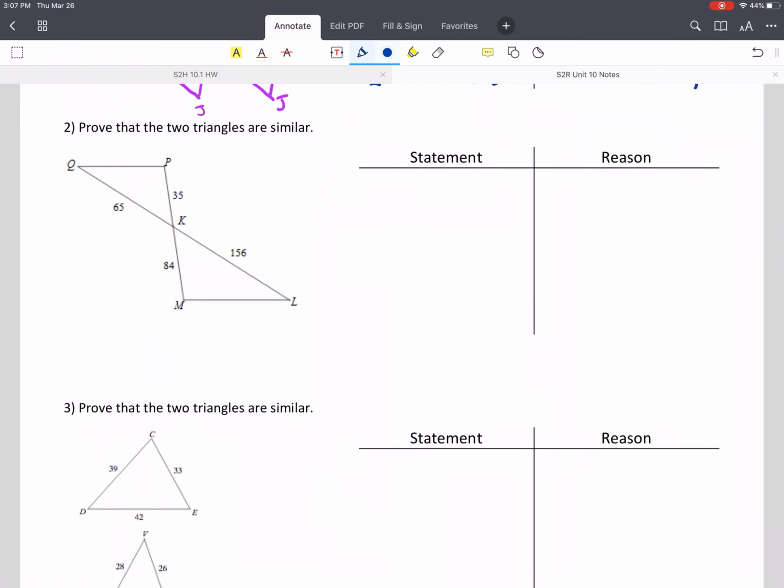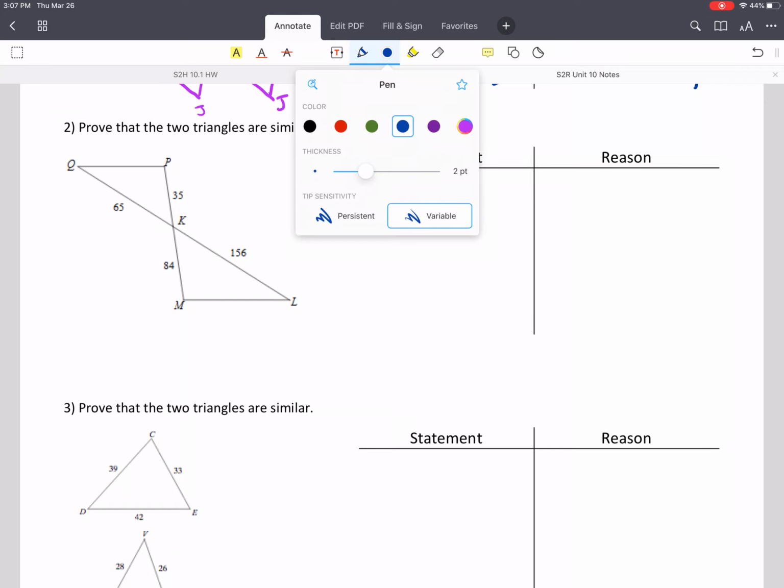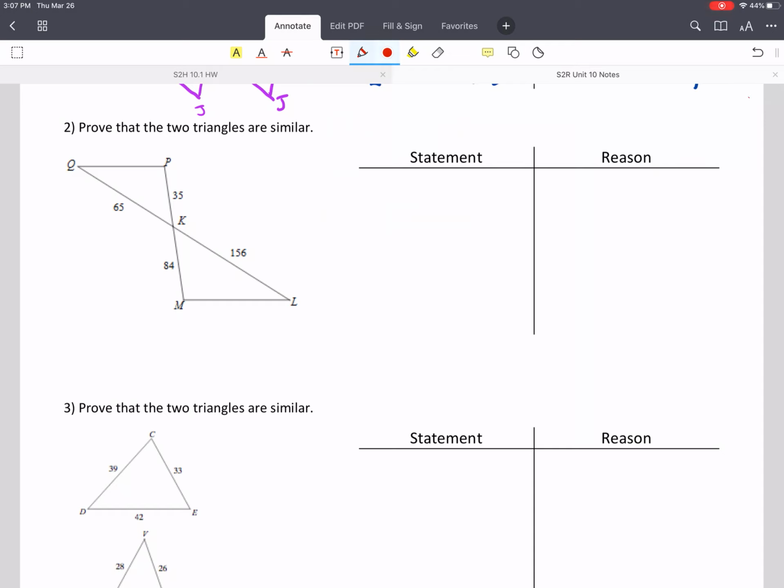Okay, prove the two triangles are similar. Here's something you need to know with similarity, and this is important, so I'm going to write it in red. Basically, to show that sides are proportional, we're going to have to set up proportions. And so here's what I got going on. If I know that triangle ABC is similar to triangle DEF, then I need to be able to set up a proportion of side lengths based on these corresponding sides.